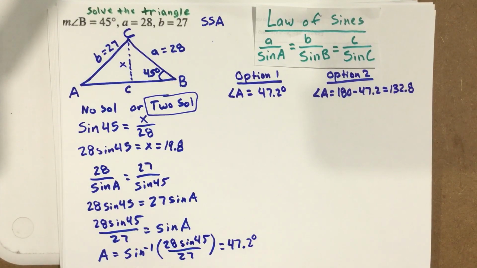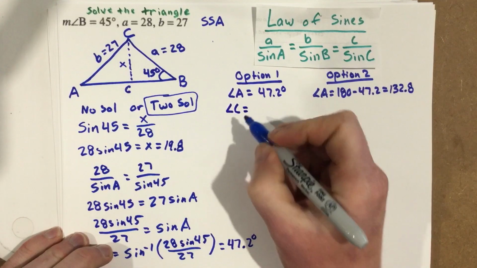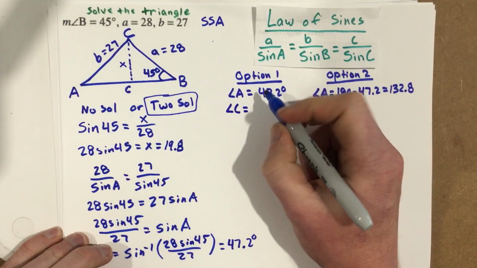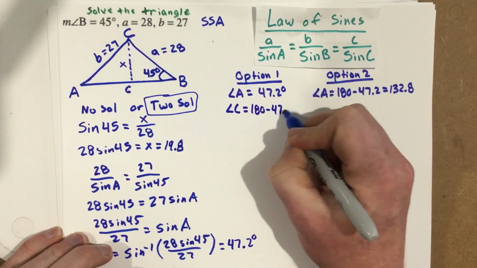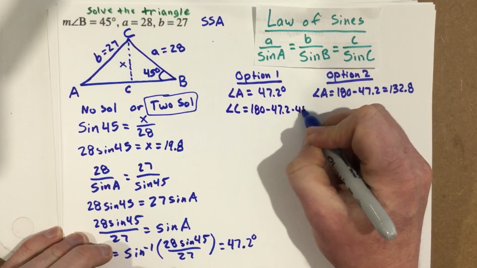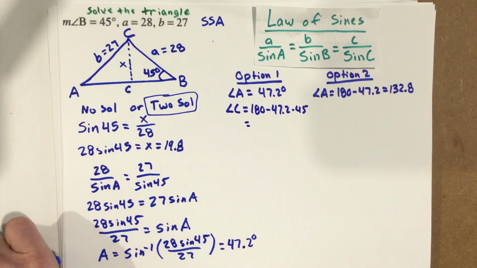Those are your two options. Now we're going to evaluate each of these options. If angle A is 47.2, I know angle C to be 180 minus 47.2 minus 45, which tells me angle C is 87.8.